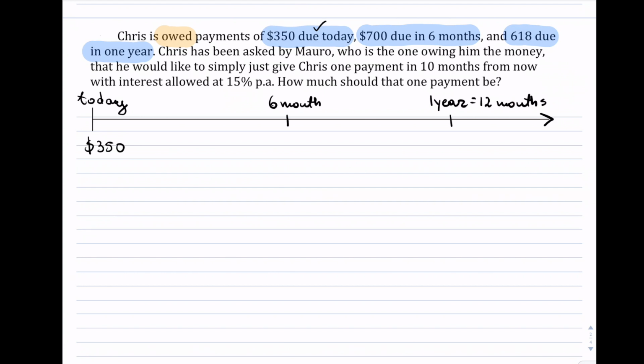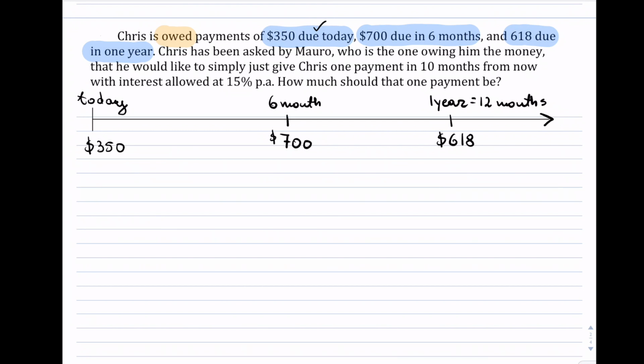So at 6 months, we're supposed to get a payment of $700. And here at 1 year, we're supposed to get a payment of $618. So that's what Chris is owed.